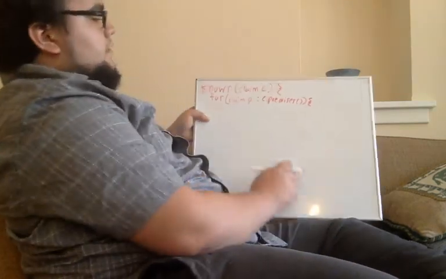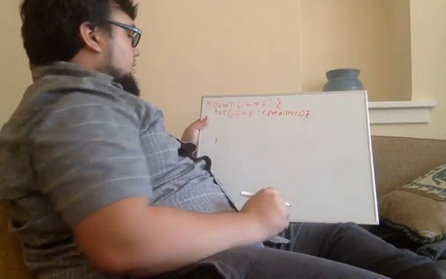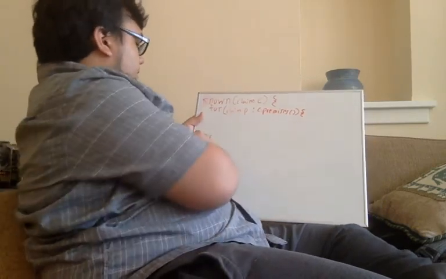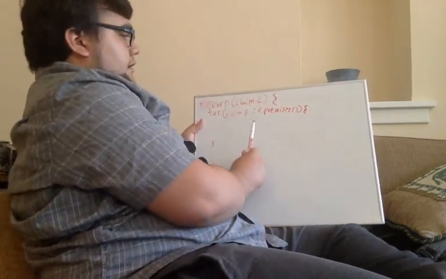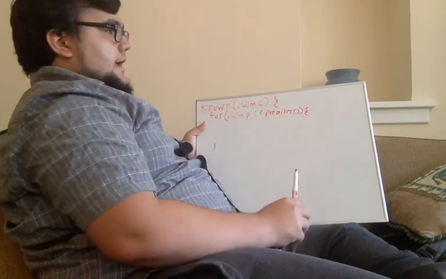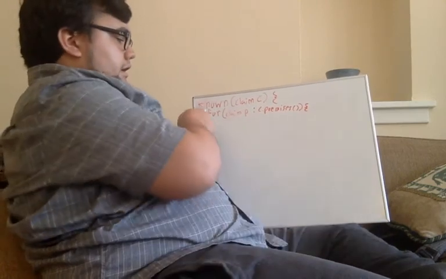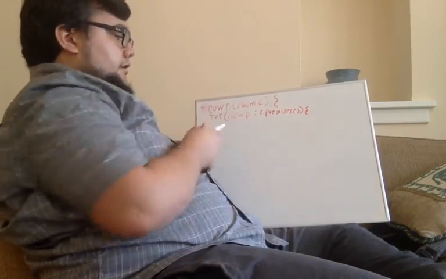So what this line does is, since all claims have a set of premises, it might be an empty set, in which case this would just skip; it wouldn't do anything.